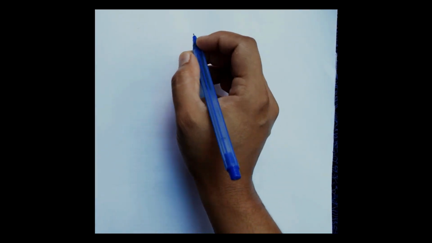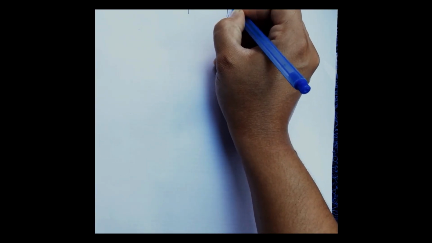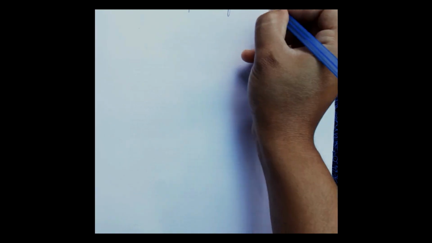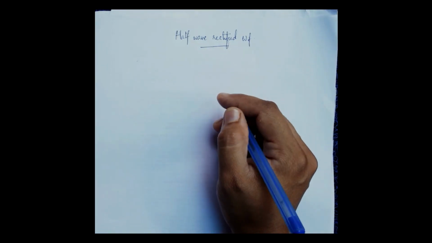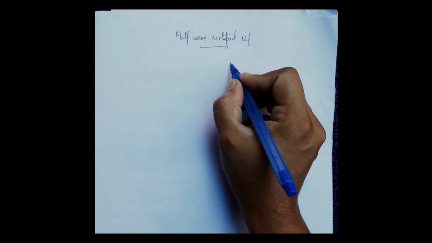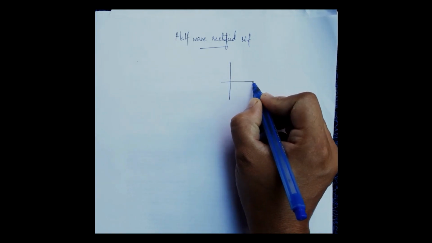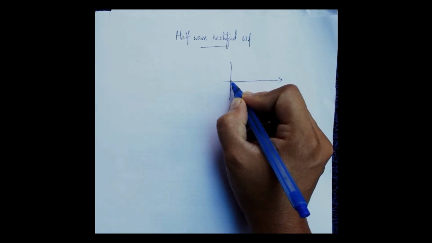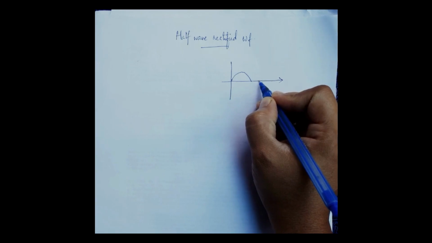Let's find the RMS and average value of a half wave rectified wave, which is simply a positive halves of a sine wave. These are questions that are almost shown in most of the question papers, that's why I am doing them.